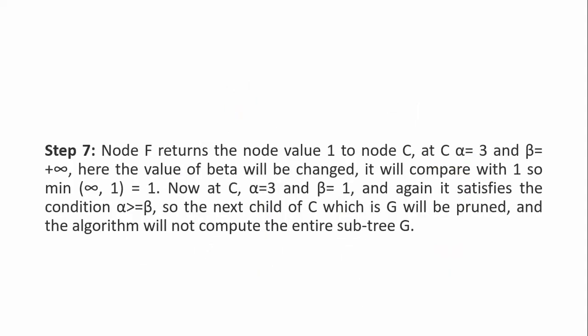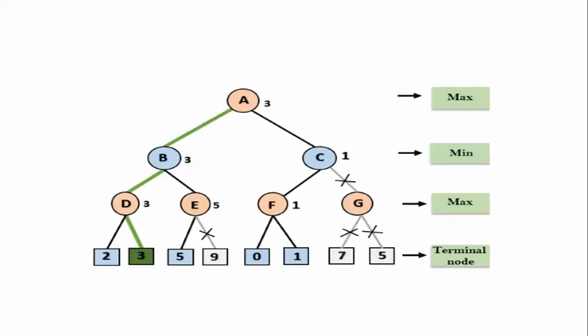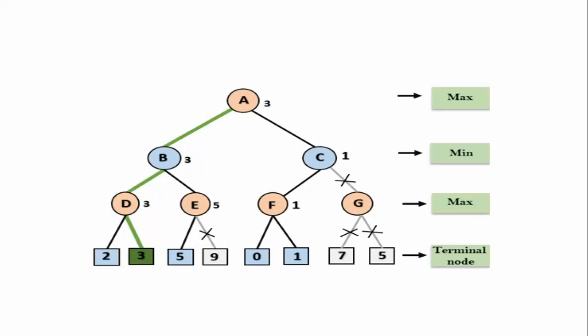Thank you students, that's all for today's session. I think you clearly understand the concept of the minimax algorithm and its extension, a modified version of the minimax algorithm, that is alpha beta pruning.